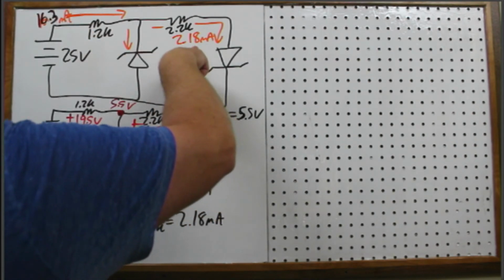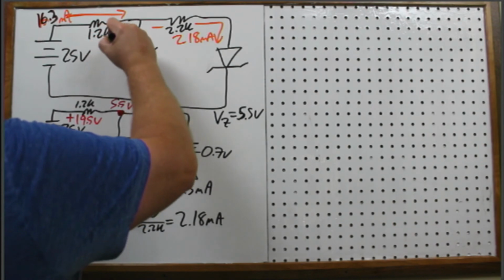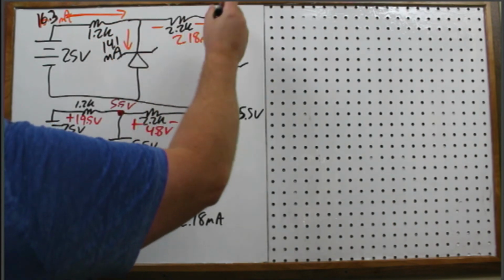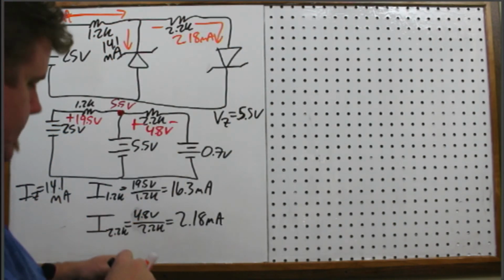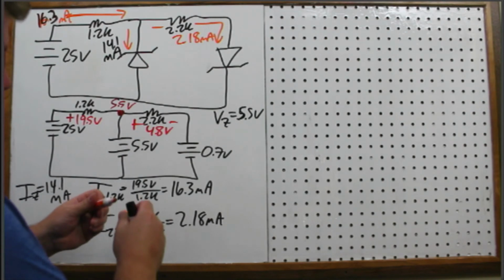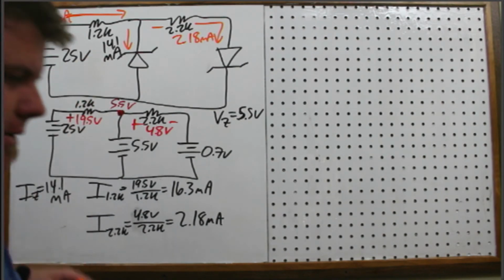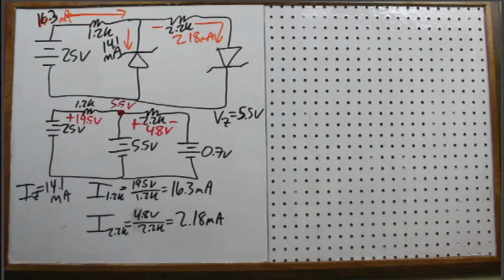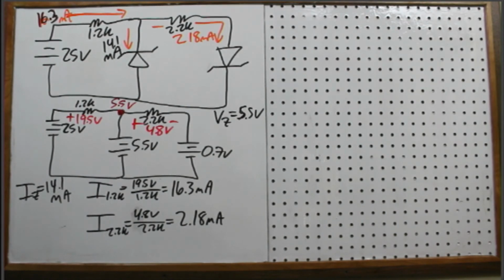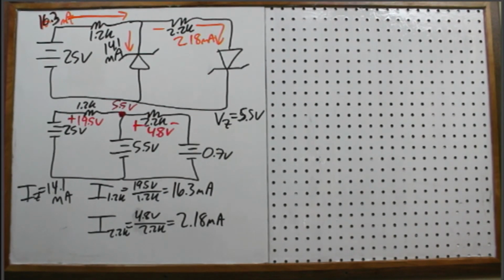And 2.18, so that should be 14.1 milliamps down, and then, yeah, there we go. I said 16.3. Yes, it's 16.3, and then 14.1 through the Zener. Okay. Well, that was pretty straightforward. Let's see if Multisim agrees.